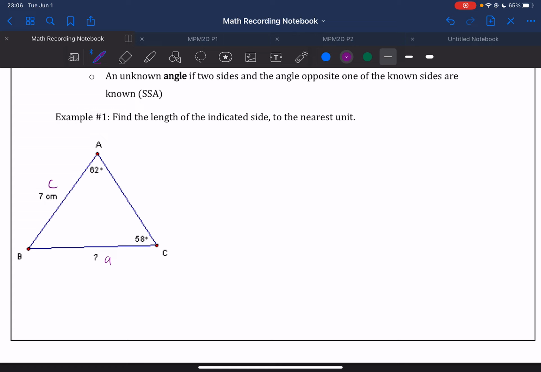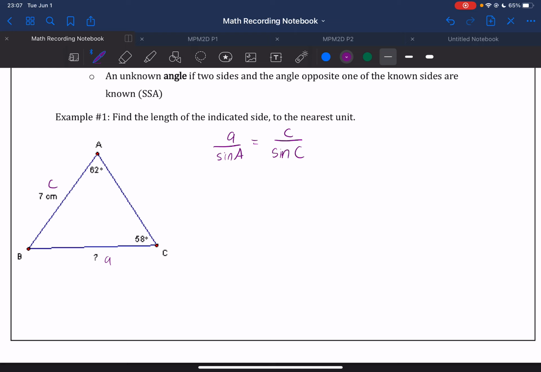I'm going to put the lengths on top, so the sides on top, just to make the movement of our information to isolate for little a a lot easier. So you have little a over sine angle A equals little c over sine angle C.